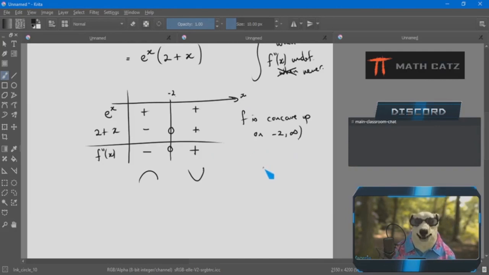I'm finishing the inflection point question at the same time. Inflection points at it. Oh, no one answered me yet. Does -2 get a round bracket or a square bracket? That was my question. Square bracket, because I'm referencing the original function.